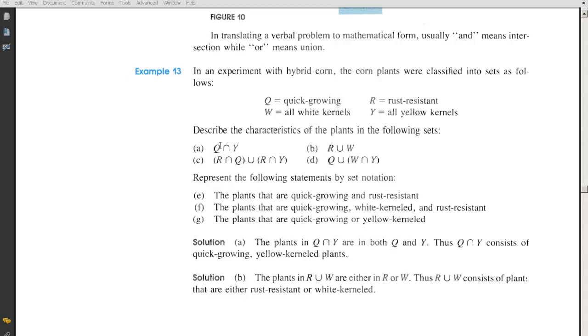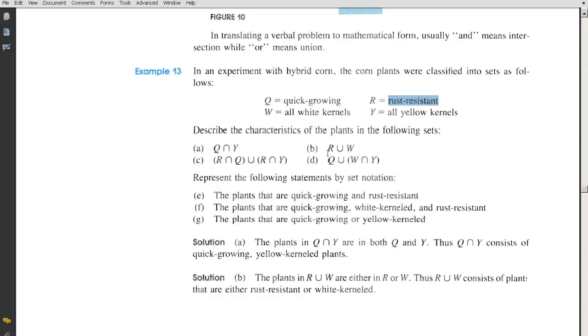Q intersect Y. So that's the set of corn plants that are both quick growing and rust resistant.